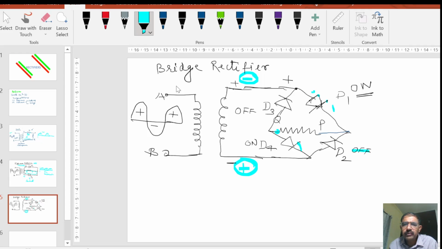Earlier it was off, but now because this end is positive, diode D2 will be on, and similarly diode D3 is on, and these other diodes are off. So how will the current flow? Current will start to flow from D2 like this, then move from P to Q, then through D3 it goes back like this.